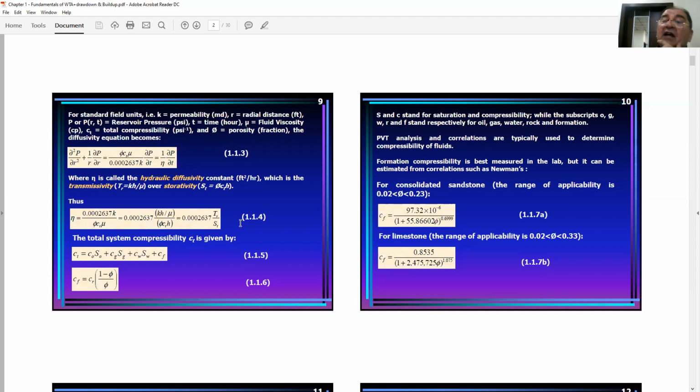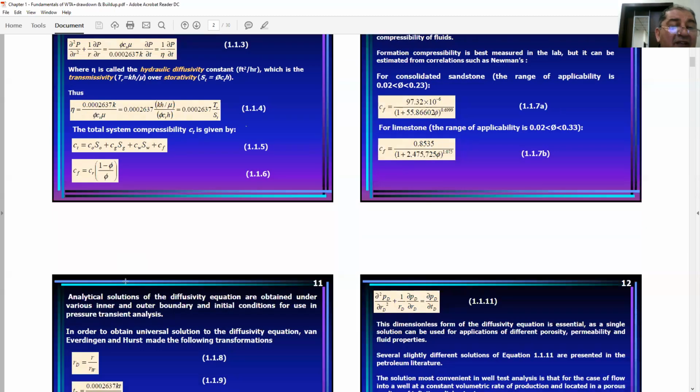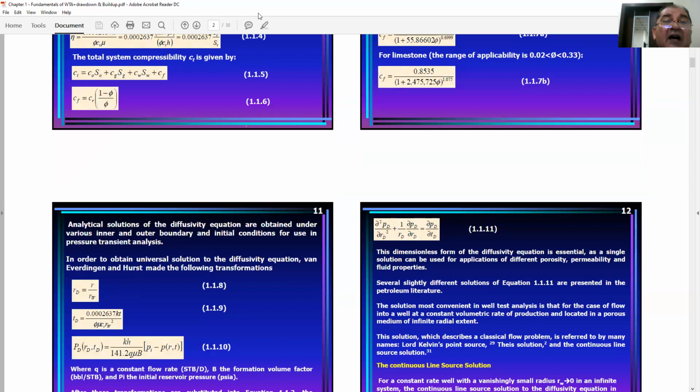For example, if the distance is 100 feet, then 100 divided by 0.5 is going to be 200. So r_D is the dimensionless radius: r, the distance to any point in the porous media, divided by r_w. If r_w is 0.5 and r is 100, then r_D is 100 divided by 0.5, which is 200.